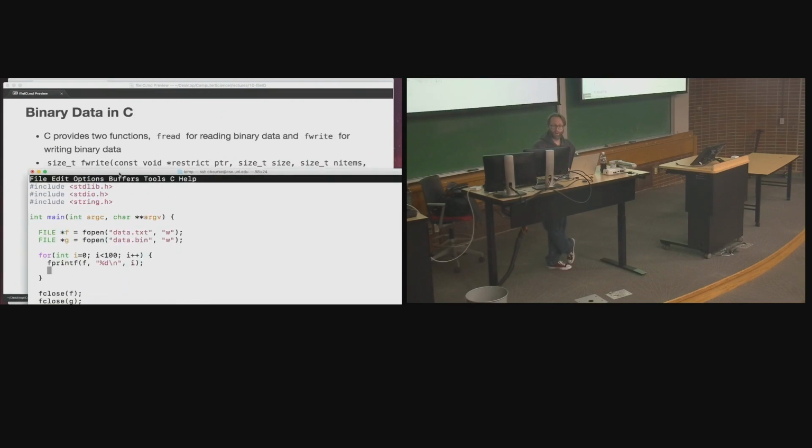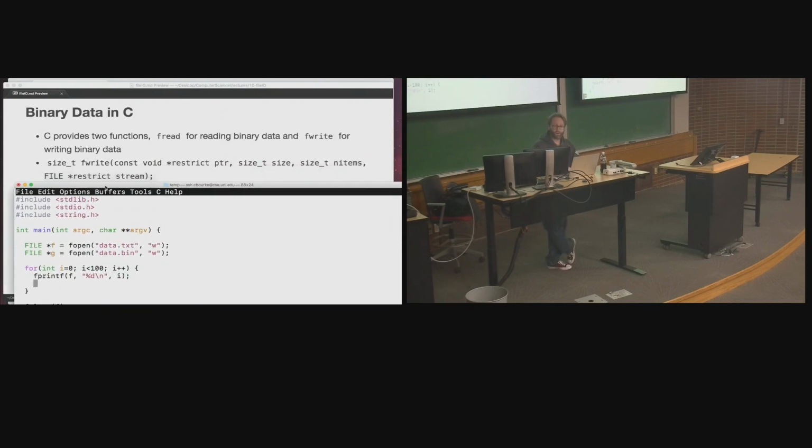Now, again, here's the signature of this function. I need a pointer to the thing that I want to print. So fwrite. I want to print i. How do I get its pointer? i is just a regular old variable, right? How do I change a regular old variable into a pointer?